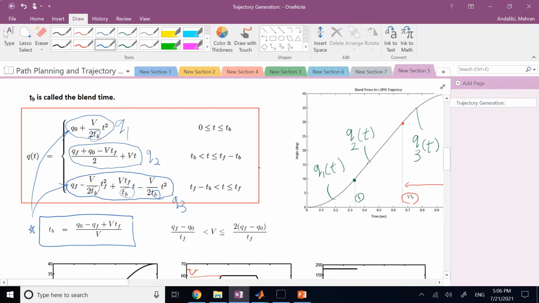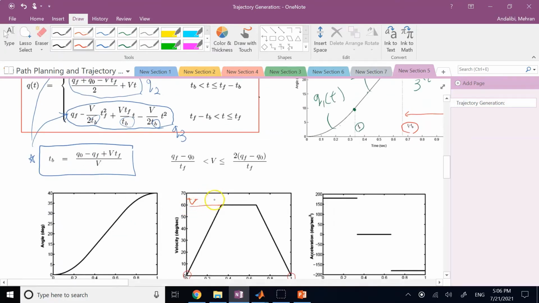Right? Now, here, there is also a limitation on this V max. This V that you have, V max, has some limitation. You cannot just choose it to be anything. Because your T blend is bigger than or equal to 0, and it is less than or equal to T final divided by 2, or less than actually, in general.